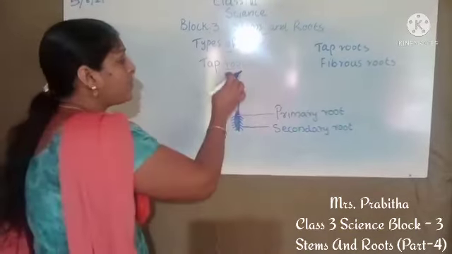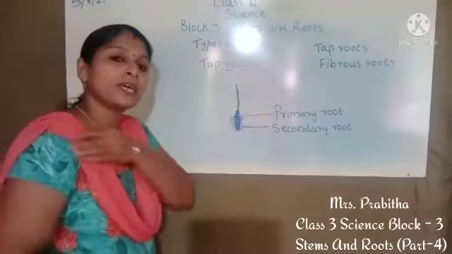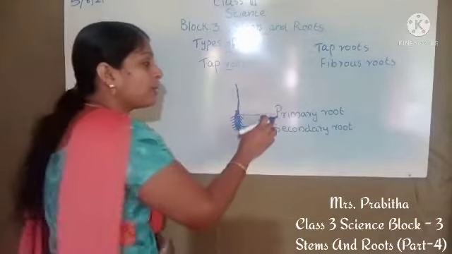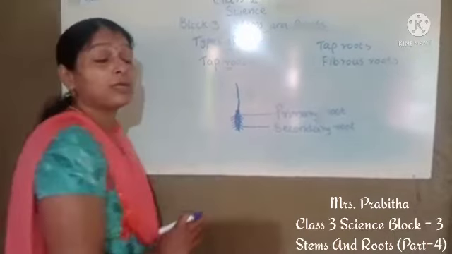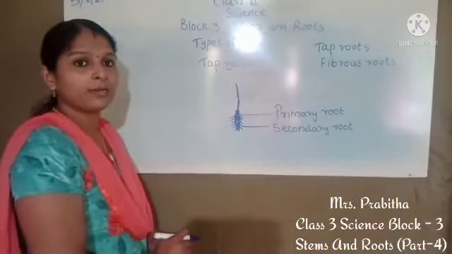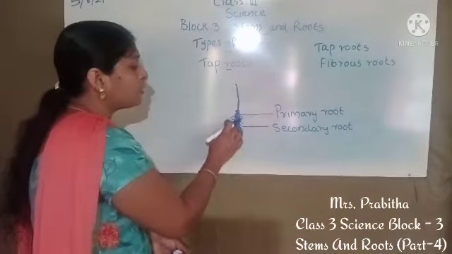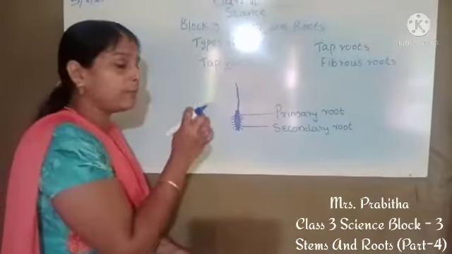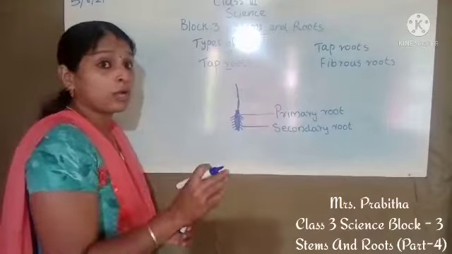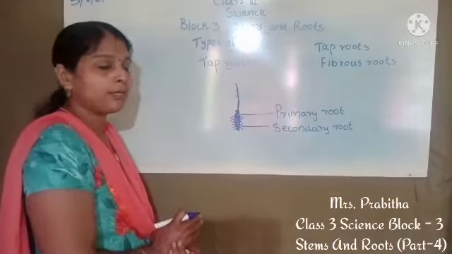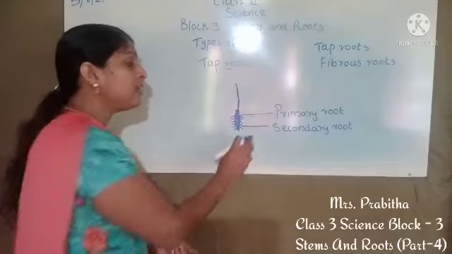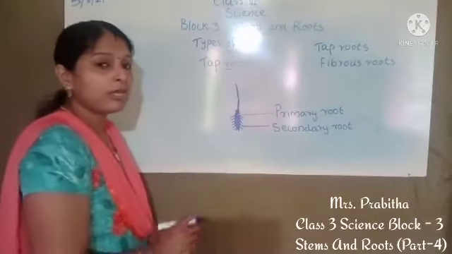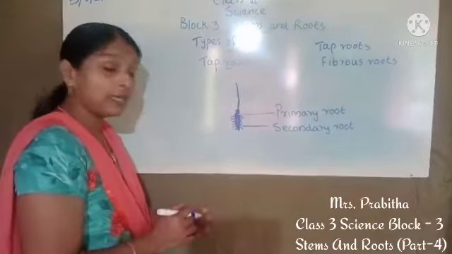One primary root will be there, and many secondary roots also will be there. So I think taproot is clear to you.